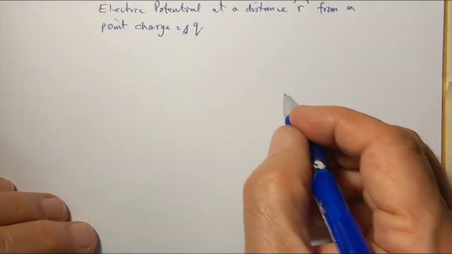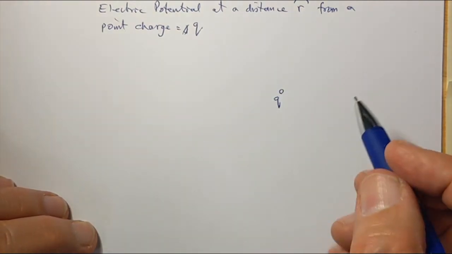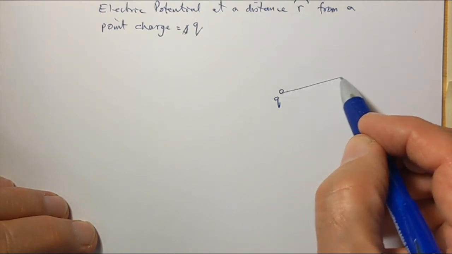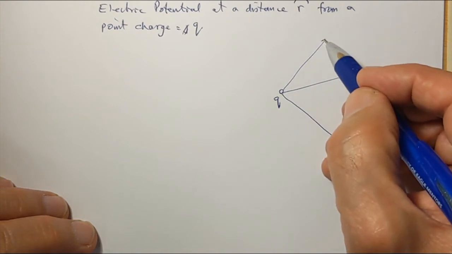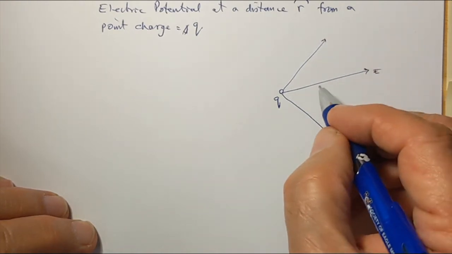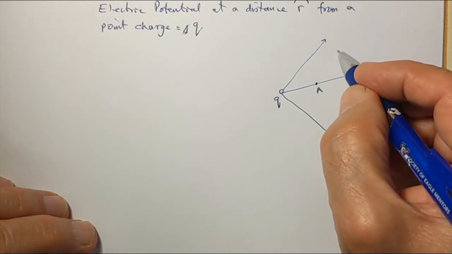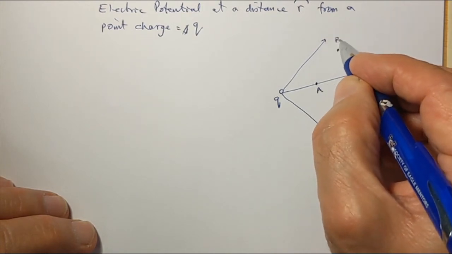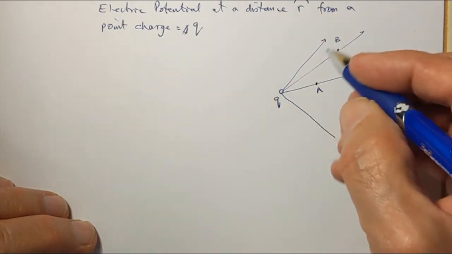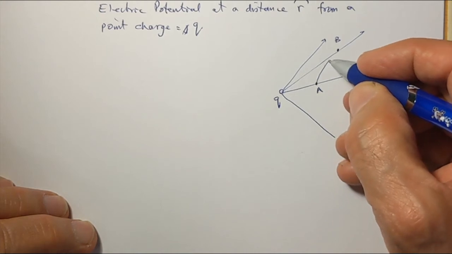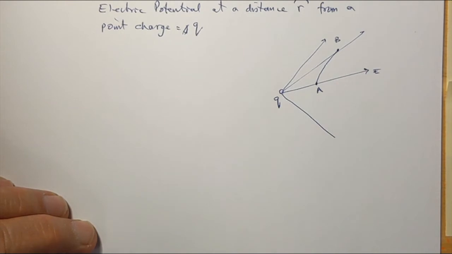So let's say that here is our point charge, which is Q, and it's a positive charge, and here is, let's say, the electric field going outwards in all directions. So that's the electric field, and we start off from point A and we go to another point B somewhere here. So there's an electric field line also passing through here, and we take a path that's like this. So we go from A to B along this path.